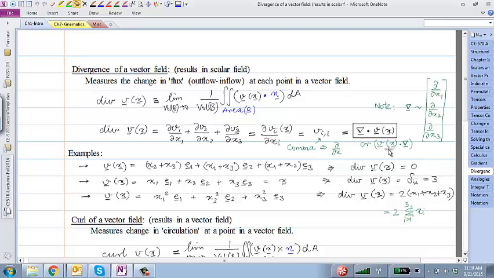I also pointed out that a more consistent way of writing it is v dot grad rather than grad dot v, but I'll come to that. In either case, it shouldn't matter. Dot product is symmetric.